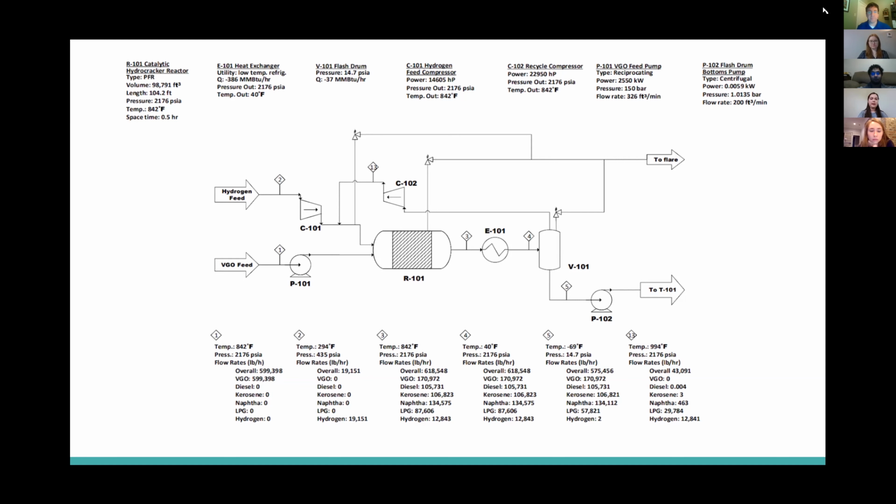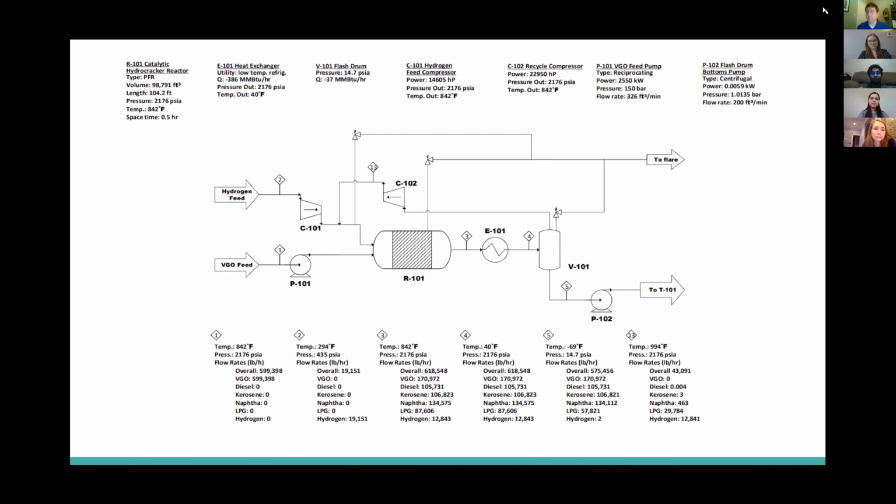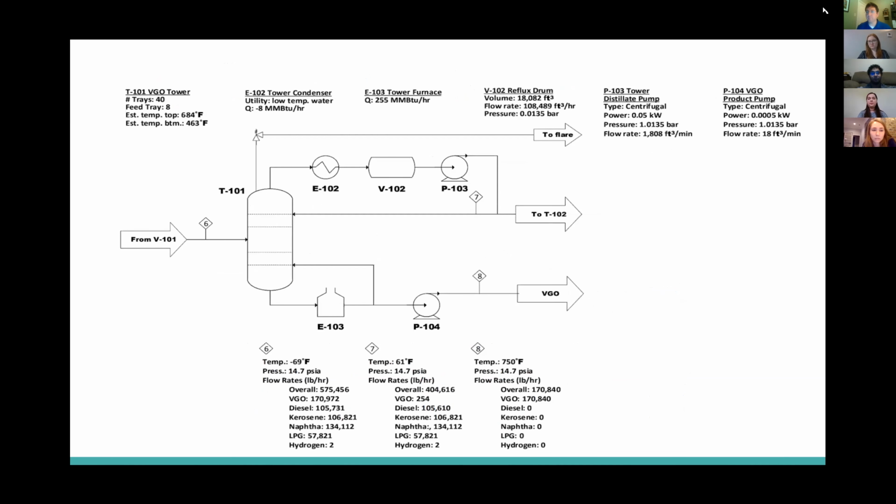So for our reactor, it has a volume of about 98,000 cubic feet. It's run at a pressure of 2,176 psia, a temperature of 842 degrees Fahrenheit, and a space time of about half an hour. So the bottom stream of the flash drum is then fed into our first tower.